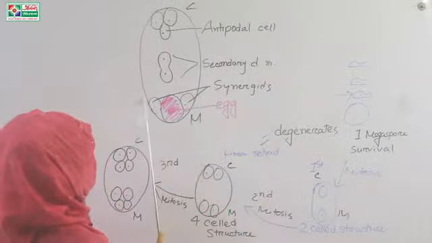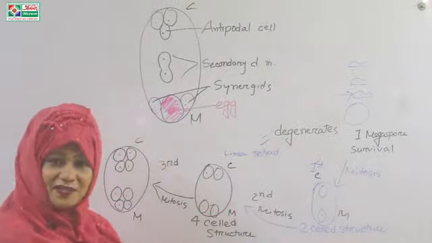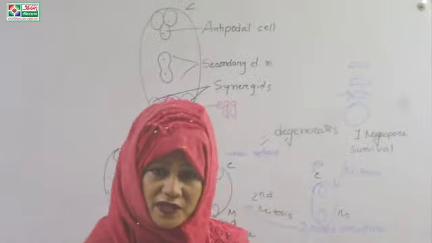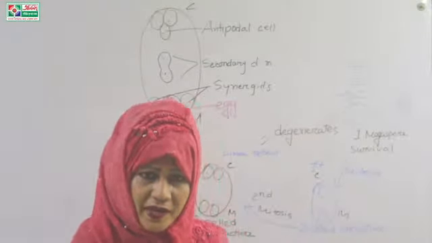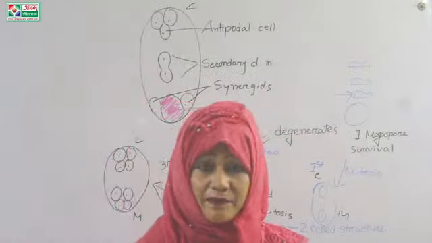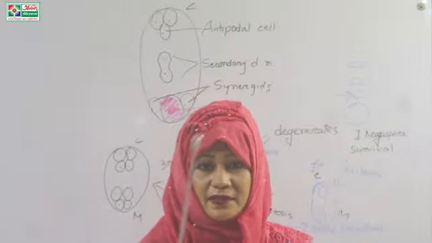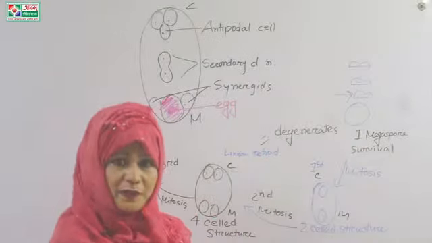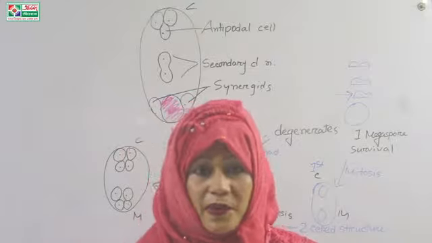And the egg takes part in first fertilization, and the secondary diploid nucleus after some time will give rise to the endosperm, and the egg will behave as the embryo.